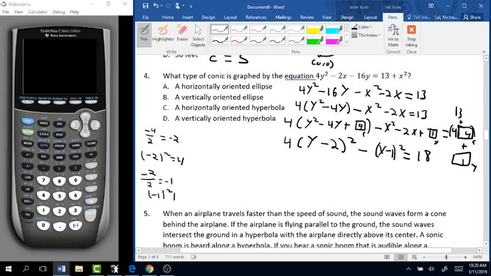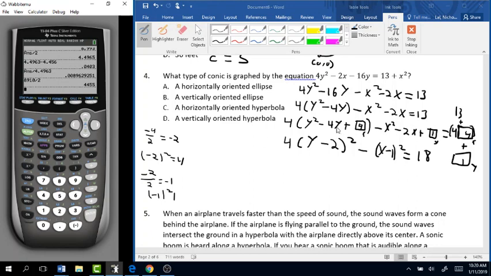So that's going to be 13 plus 4 times 4, which is 16, plus 1. So the answer is going to be 30.